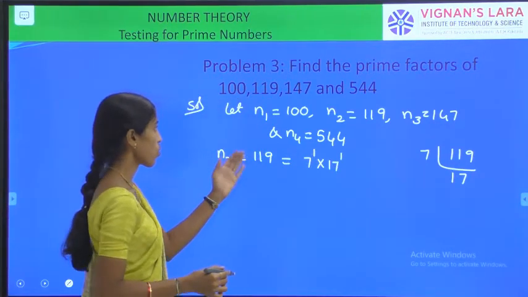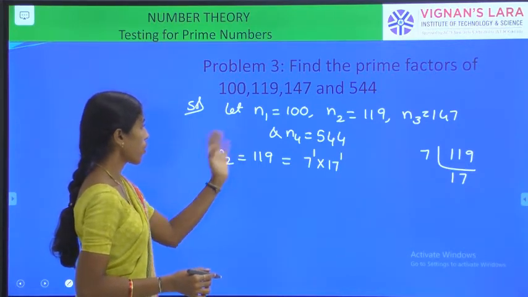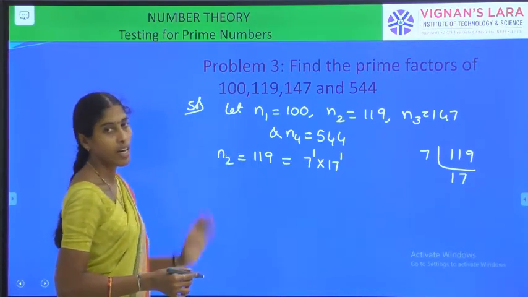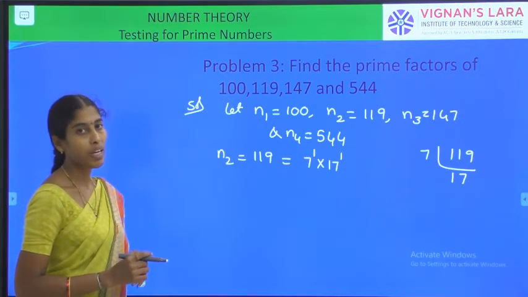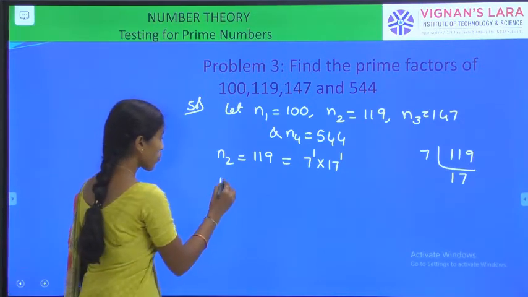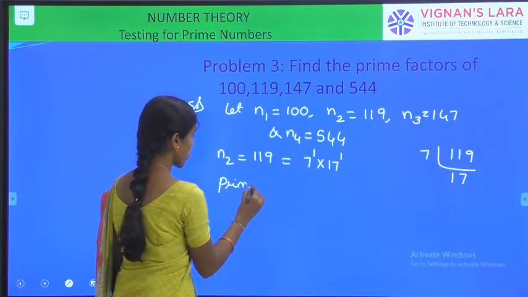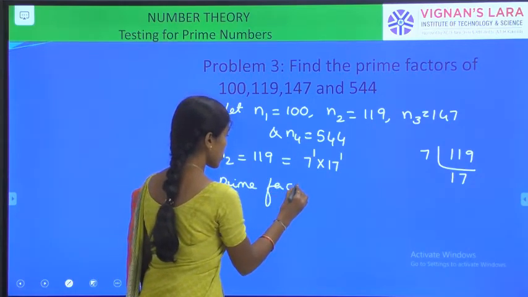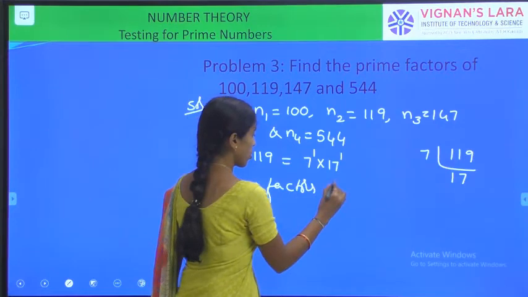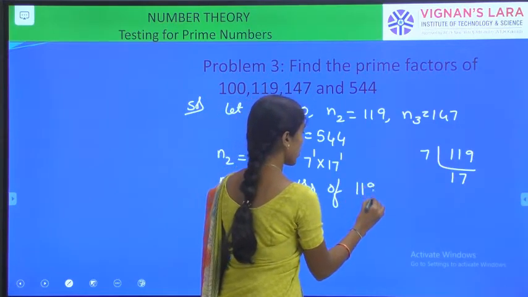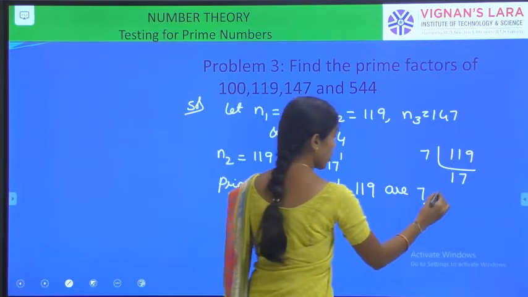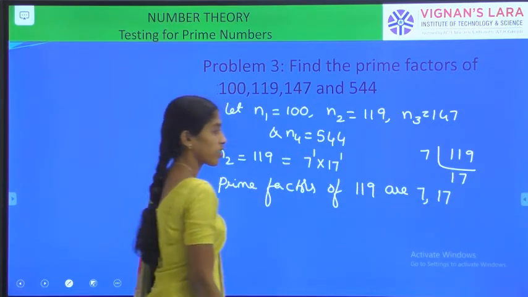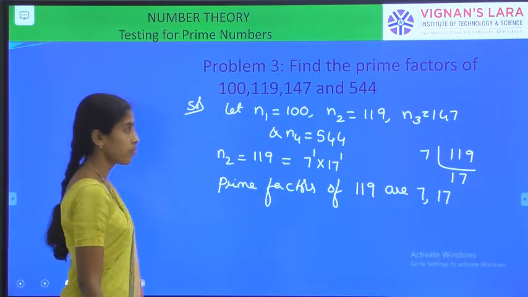Like that you need to solve for all these values, 147 and 544. It is a very easy process to find the prime factors, right? So what are the prime factors? For 119, the first prime factor is 7, the second prime factor is 17, right?